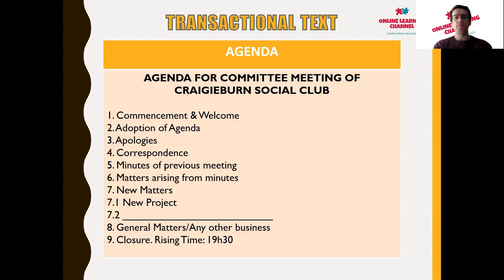First and foremost, commencement and welcome to those that have now participated in this particular meeting, the adoption of an agenda, apologies, correspondence, minutes of previous meetings, matters arising from minutes, new matters, new project, whatever that project may be, general matters, any other business essentially, and then closure at a particular time.